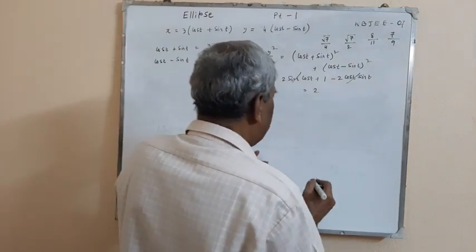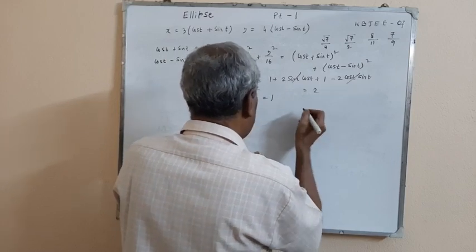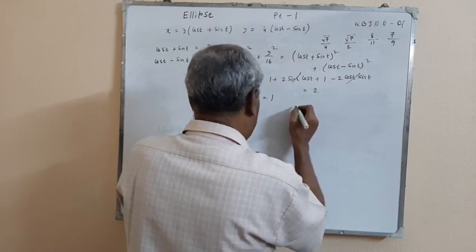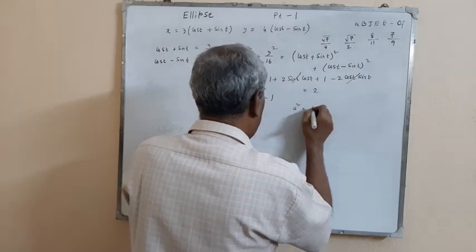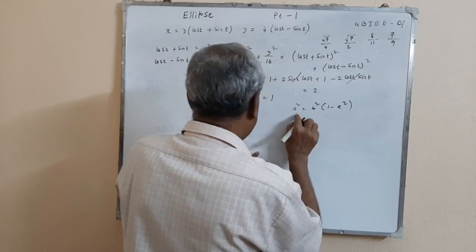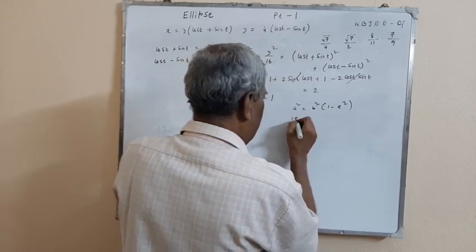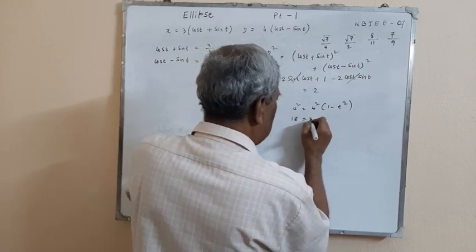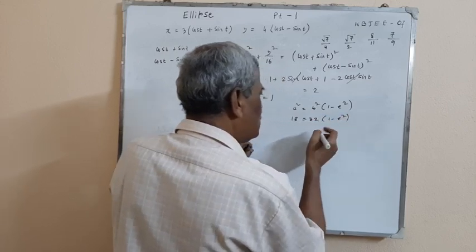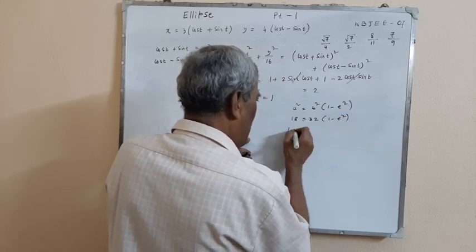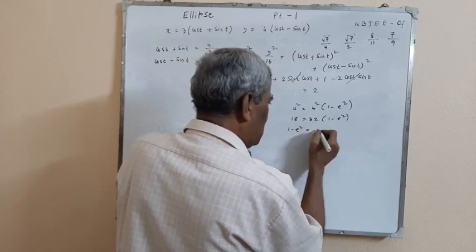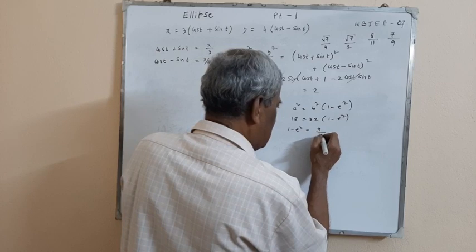In that case, eccentricity is given by a square is equal to b square into 1 minus e square. That is, a square means 18 is equal to 32 into 1 minus e square. Now e square can be obtained very easily. 1 minus e square is equal to 18 by 32, that is 9 by 16.